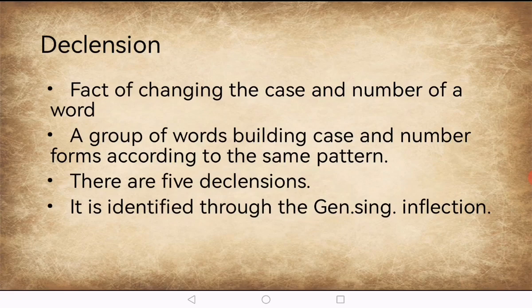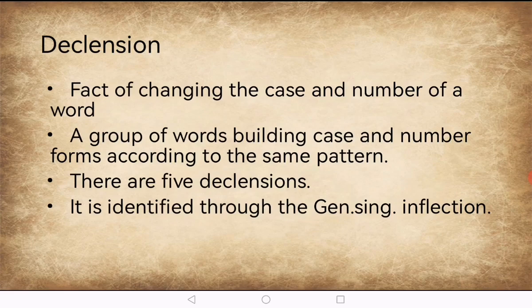The next category is declension. There are two definitions of the declension, and firstly, it is the fact of changing the case and number of words. The second meaning is that a group of words change case and number forms according to the same pattern. For example, the words brachium, the shoulder, and cranium, the skull, have the same ending in Latin.